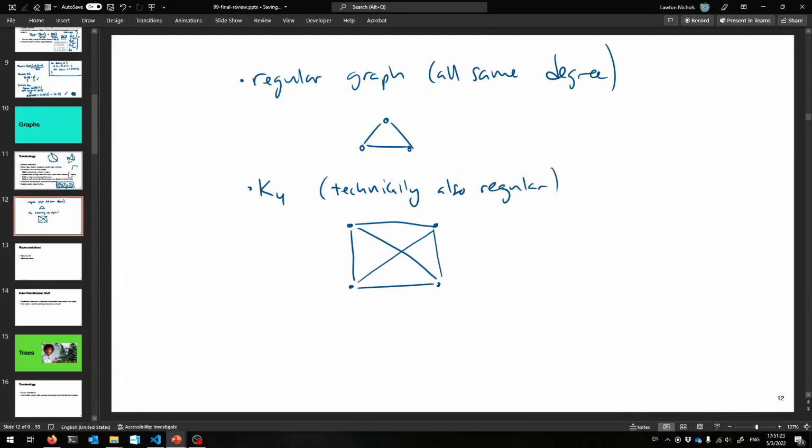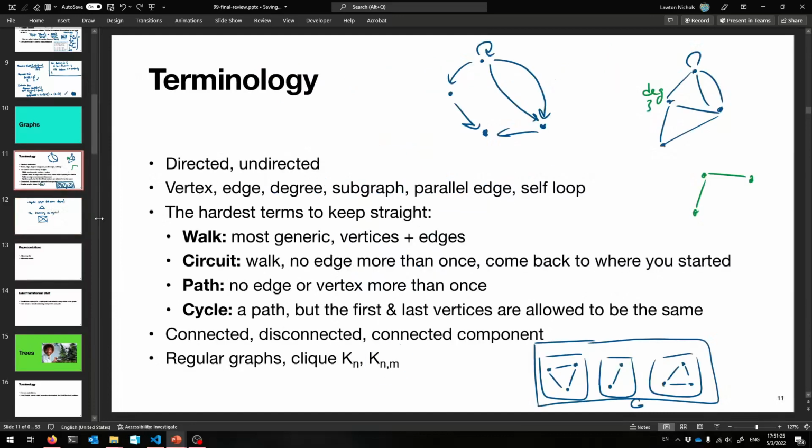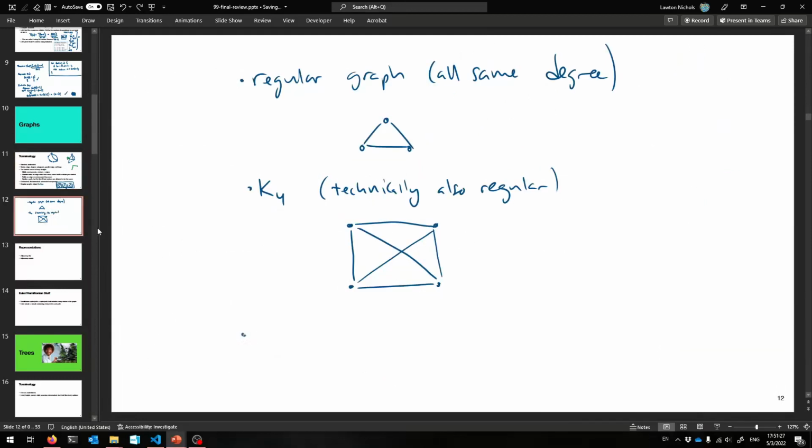And then finally, we have graphs that look like this, KNM. This is when you have two sections. So let me show you K34, for example. You have two sections of your graph. Here's 3 nodes, 3 vertices, and then here's 4 nodes.